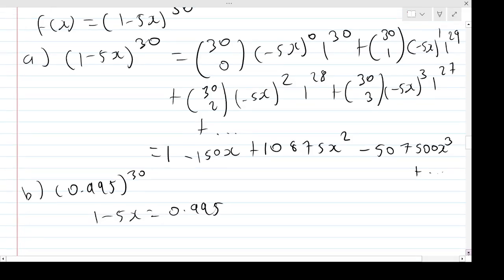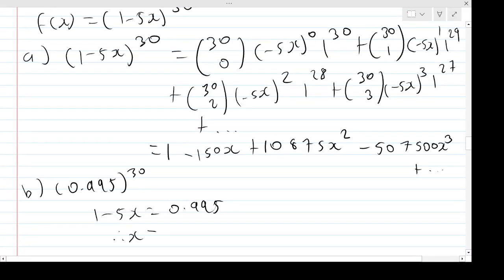Then if I solve for x, x is going to be 0.001. Yes. Okay. There we are.